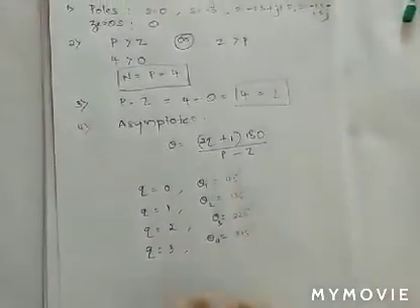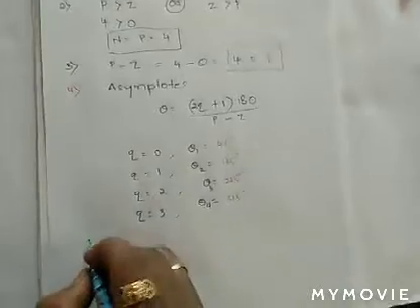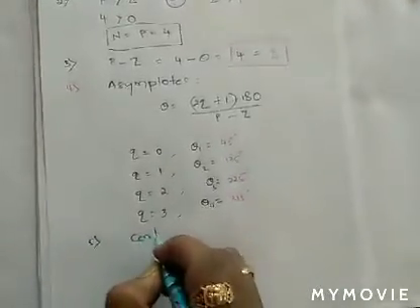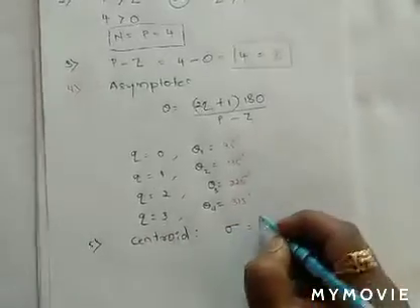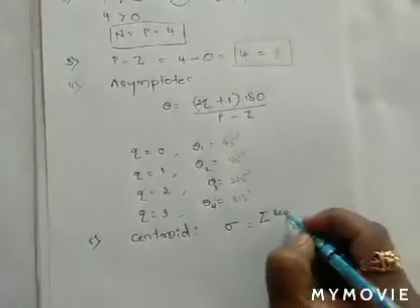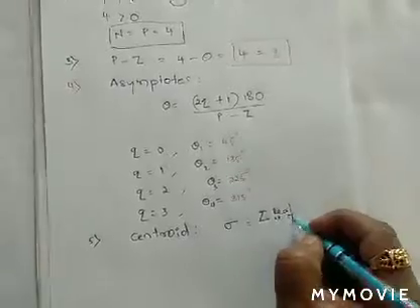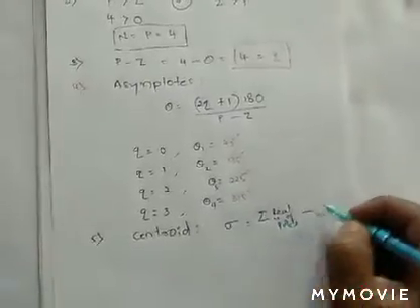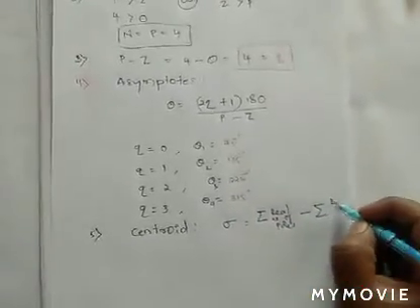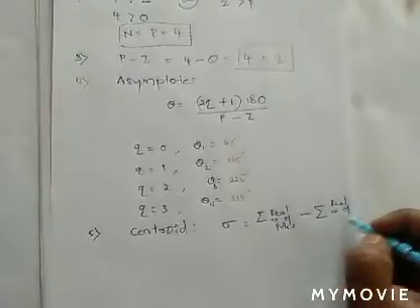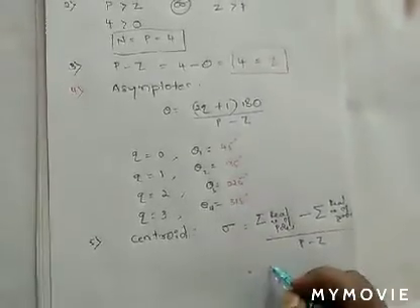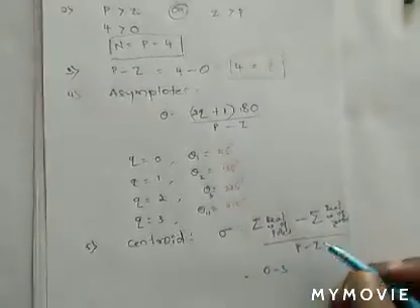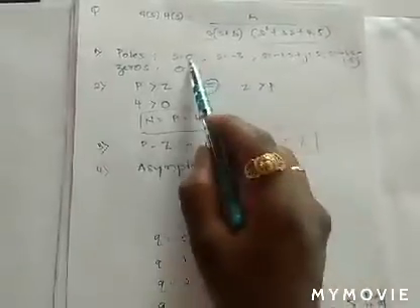After the asymptotes, the next step is the centroid. Summation of the real parts of the poles minus summation of the real parts of the zeros, whole divided by P minus Z. So 0 minus 3, you can see here 0 minus 3.